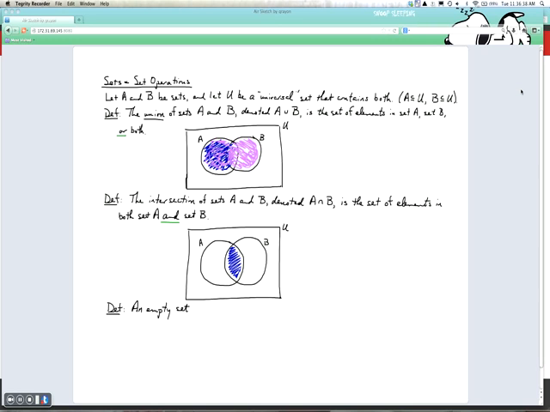An empty set, denoted, and we use a circle with a line through it. Some books use a zero with a line through it, but it's really truly a circle with a line through it. Is a set with no elements.